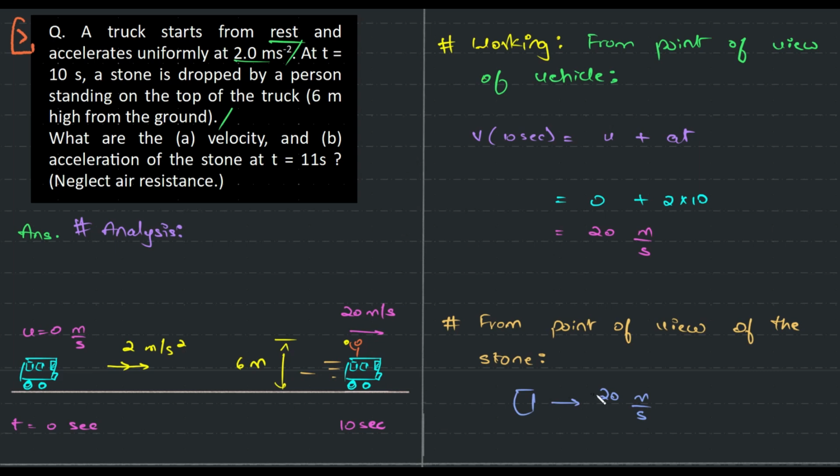Quite simple, commonsensical actually. If I have a vehicle which is moving at 20 meter per second, and a person is standing on it, since he's stable, obviously he has to be moving at 20 meter per second. If he's moving faster, he'll go forward and fall off. If he's moving slower, he'll go backward and fall off. So he's stationary, standing over there. And the stone he's holding is also with him, so even that by default is moving at 20 meter per second at the 10th second.